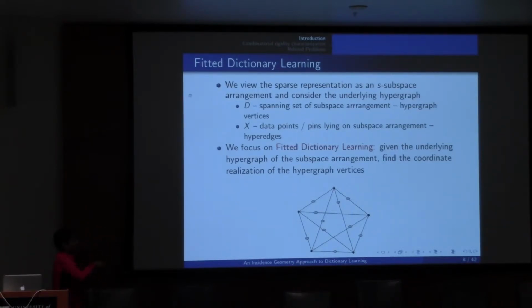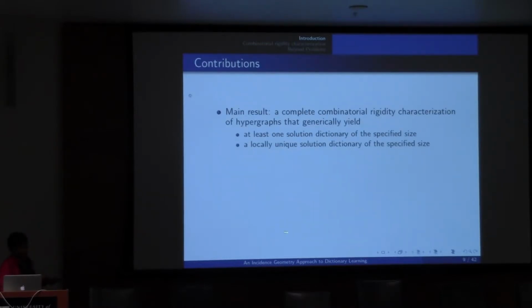Okay, so those subsets are given. Once you do that, that becomes the fitted dictionary learning problem. Because of those subsets, what you have are sort of hyperedges of a hypergraph.